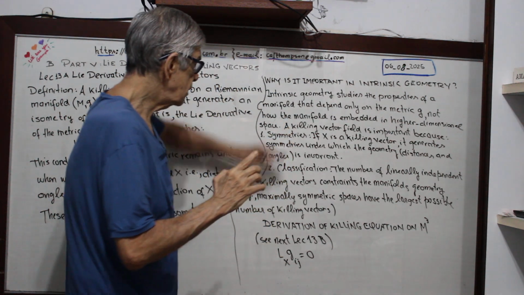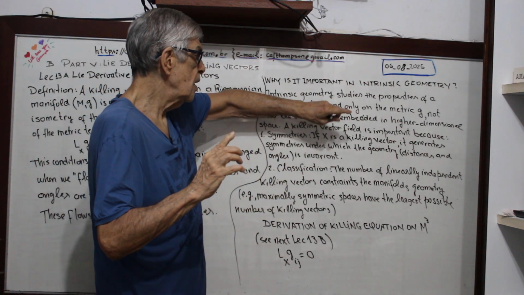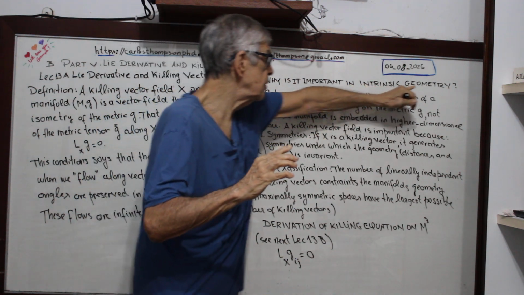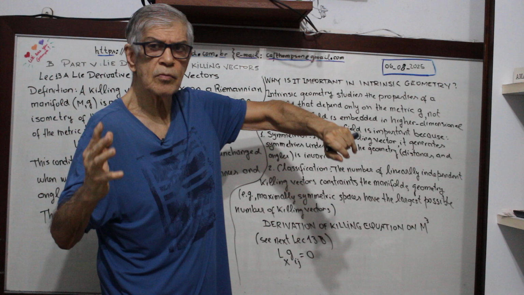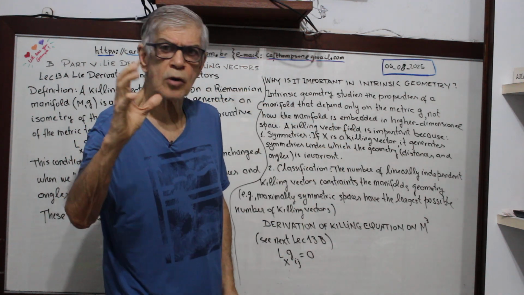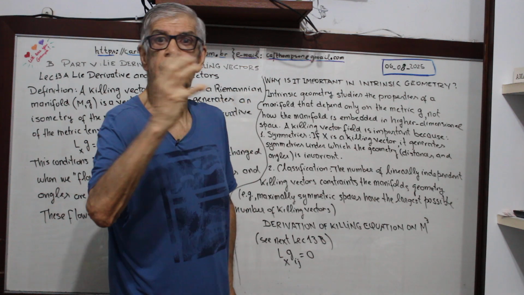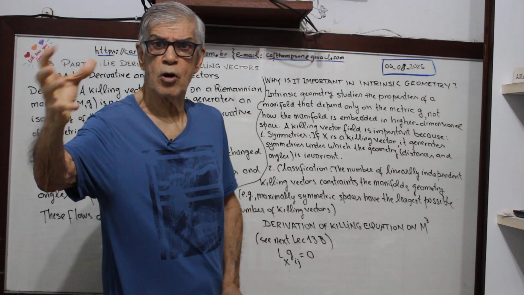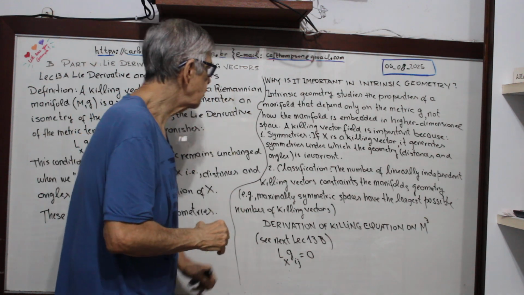You see, that's important to distinguish between intrinsic geometry and extrinsic geometry. In intrinsic geometry, there is no dot product, no cross product, no mixed product, and so on.